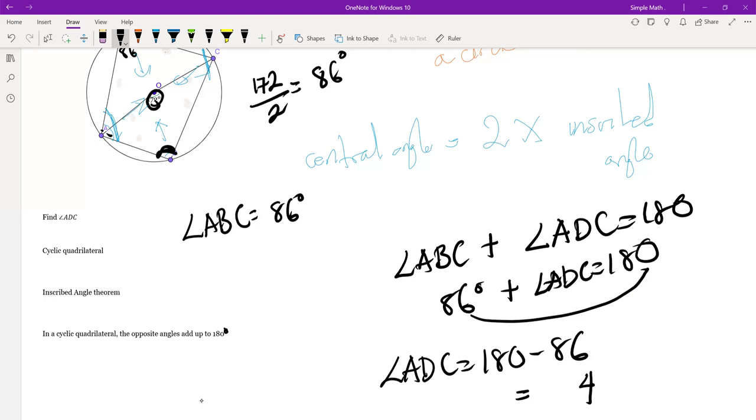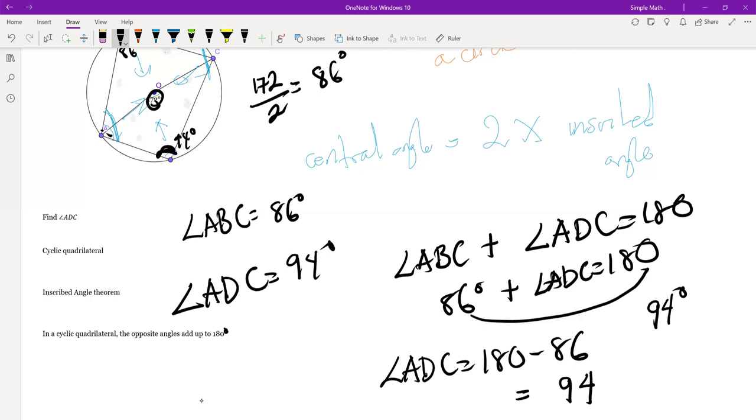We're left with 94 degrees. So 180 minus 86 should give us 94 degrees. And that's our answer. So angle ADC is equal to 94 degrees.